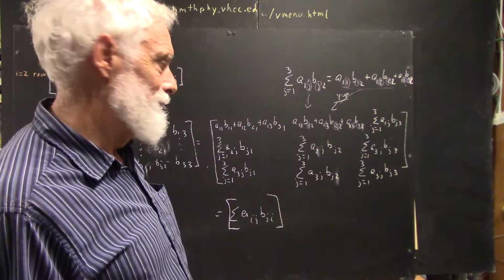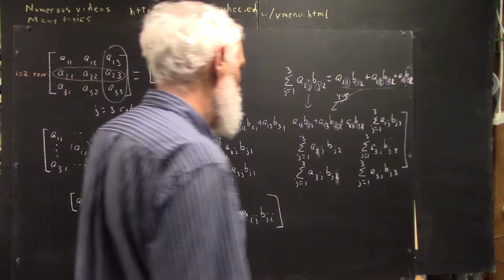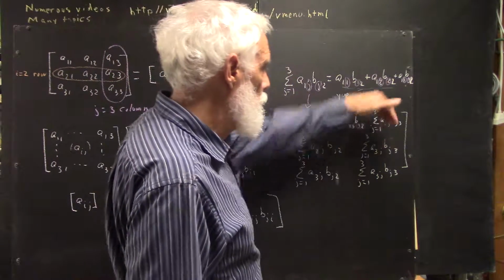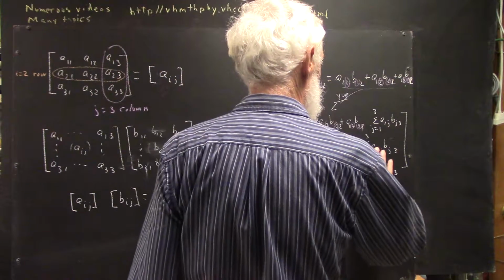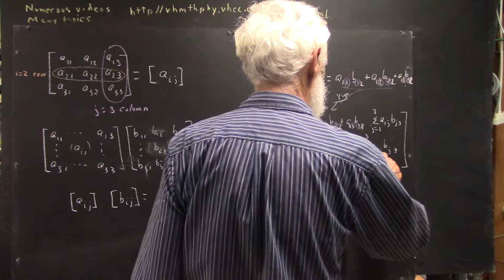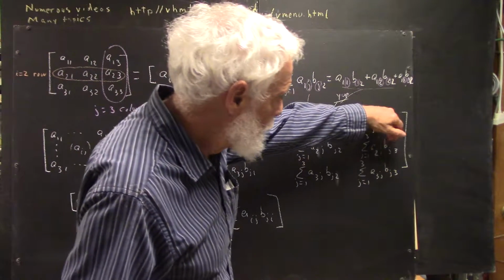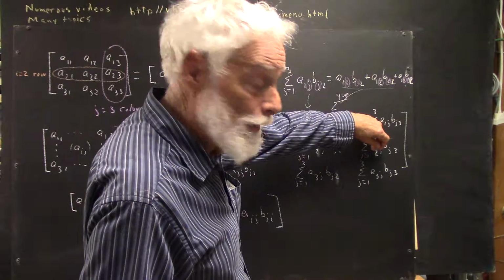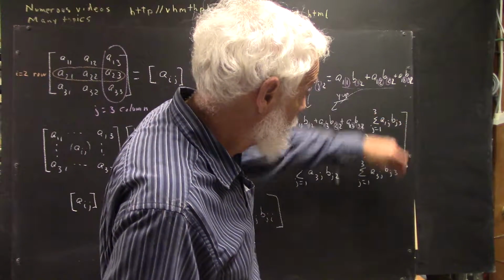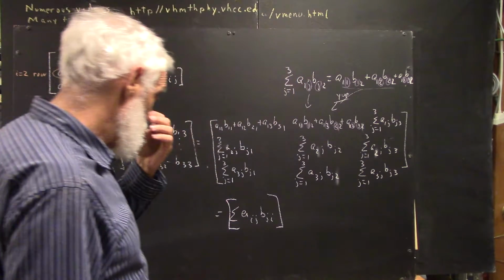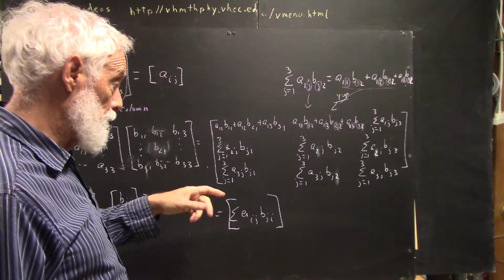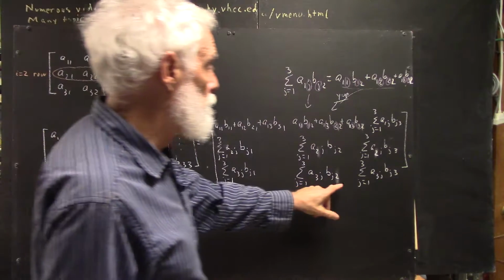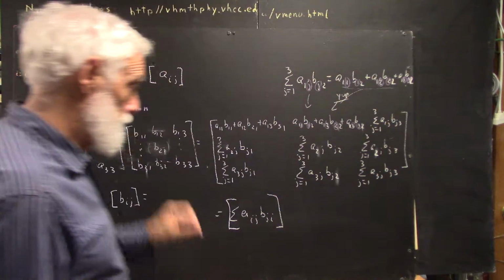And in the second row, third column, it's this, a2j times bj3. Second row because the first index of A is 2, third column because the second index of B is 3. And I think I wrote these down, 3 1, 3 2, 3 3 correctly.